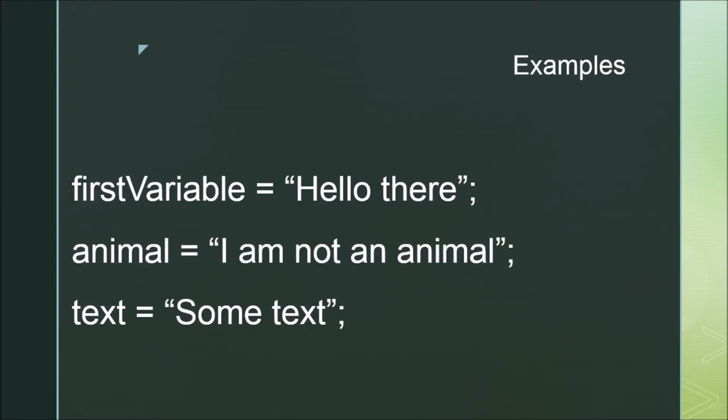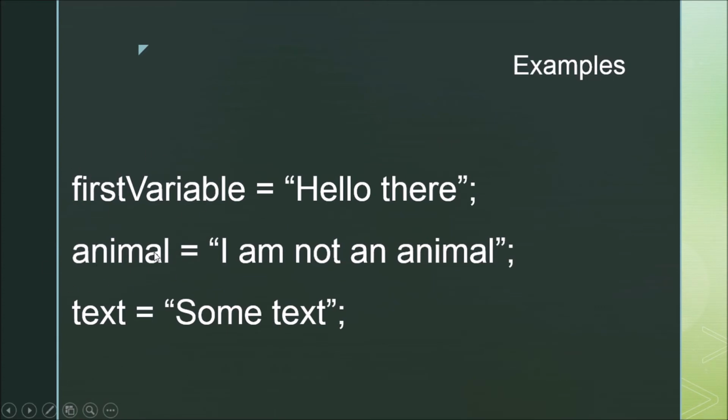Here are some examples on how to initialize the variable, or in other words, how to provide a value to the variable. As you might have already noticed, the ones on the left are variables. Since they do not have quotation marks surrounding them, they are used to store values.